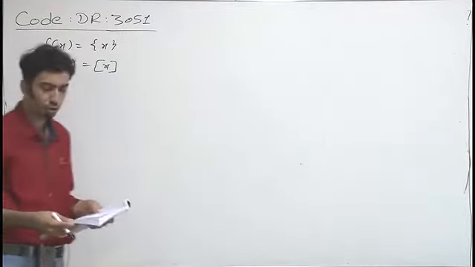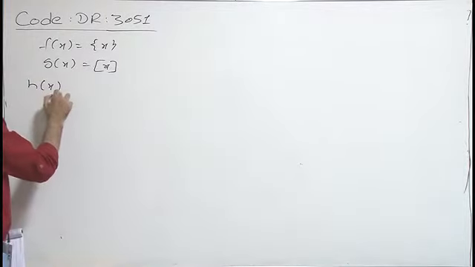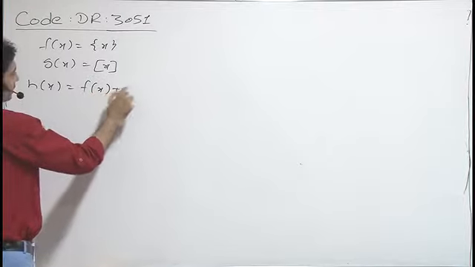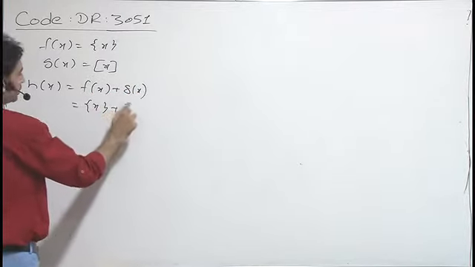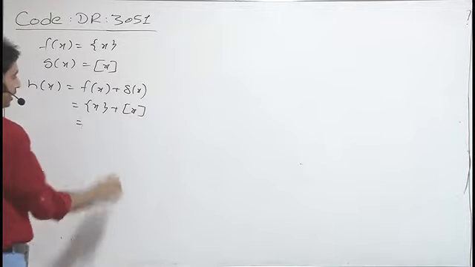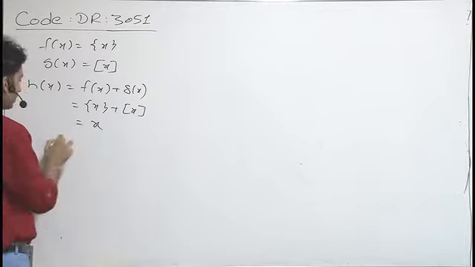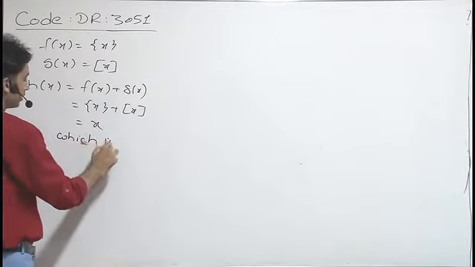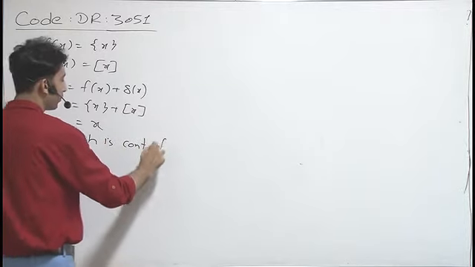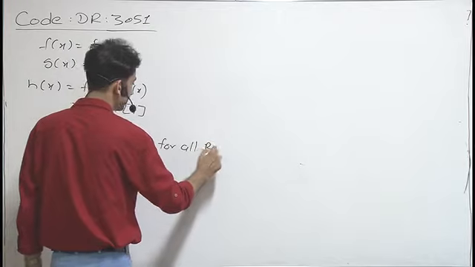Now we'll go for the solution of the second part of this question, in which h(x) is defined as f(x) plus g(x). So we can write the fractional part of x plus the box of x. As we all know, the fractional part of x plus the box of x can be written as x, which is continuous for all real numbers.